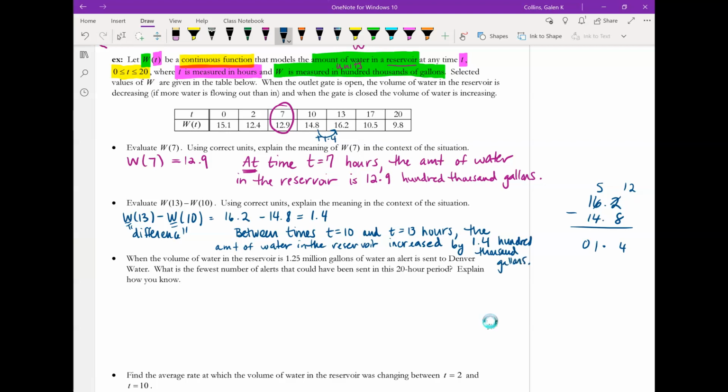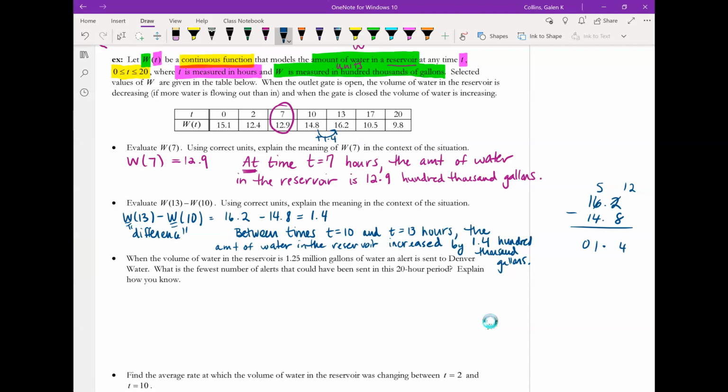Okay. When the volume of water in the reservoir is 1.25 million gallons of water, an alert is sent to Denver Water. What is the fewest number of alerts that could have been sent in this 20-hour period, and explain how you know?